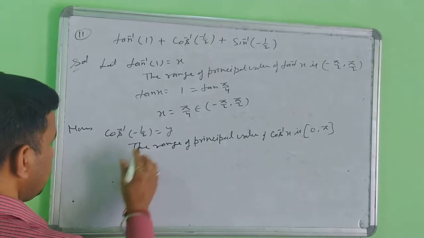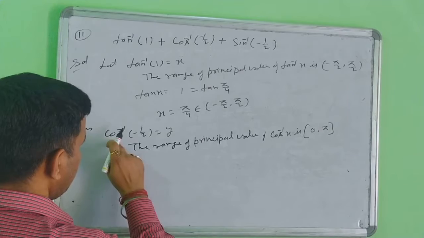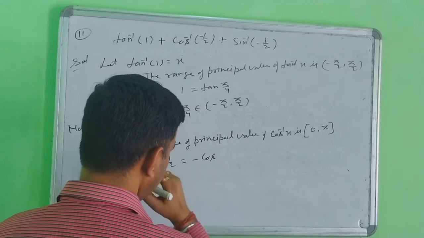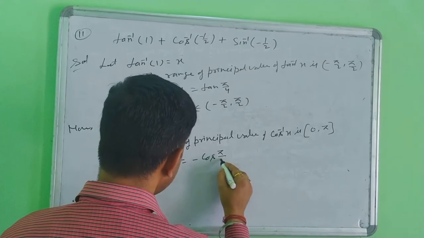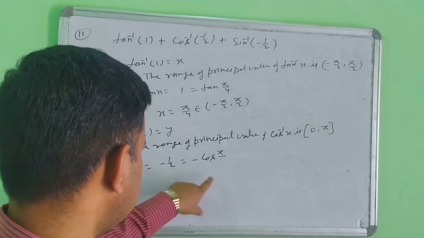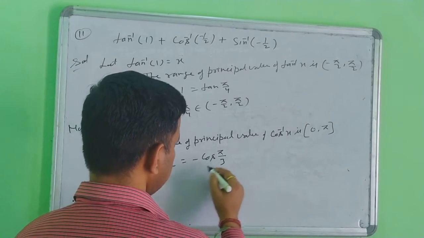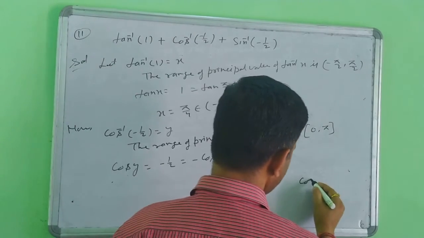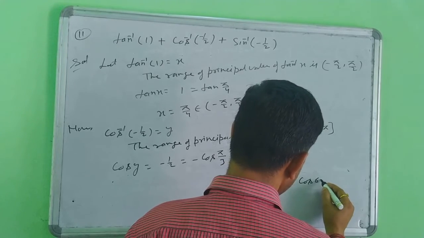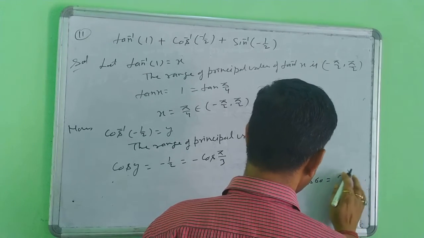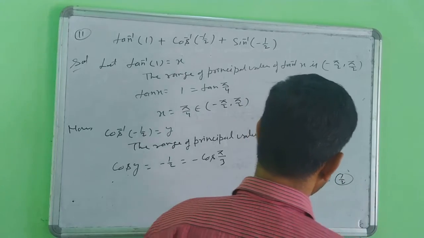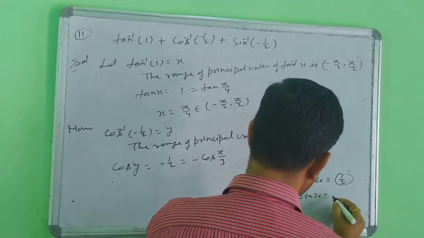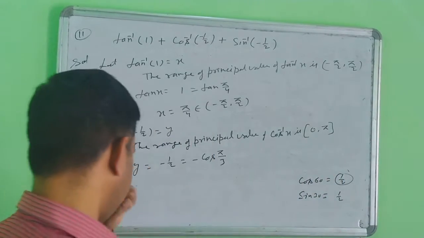So now, what value of y has cos y equal to minus 1 by 2? Cos 60 is 1 by 2, with 60 degrees being pi by 3, and sin 30 equals 1 by 2.